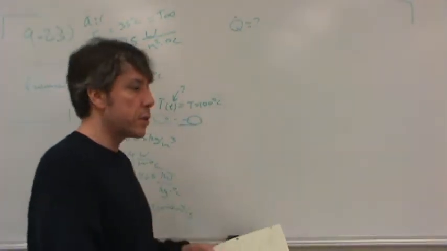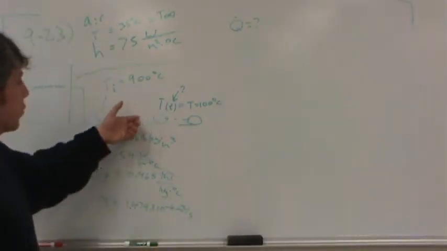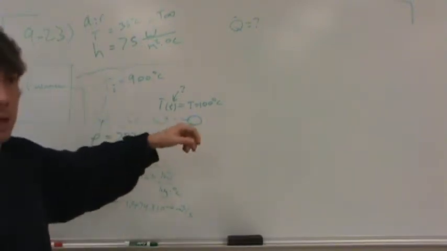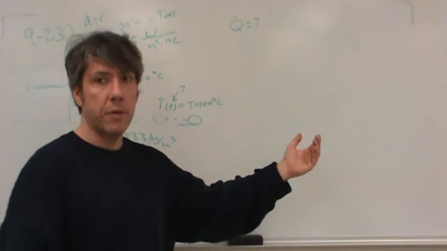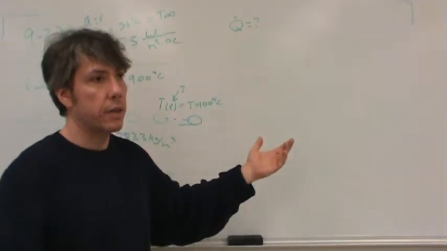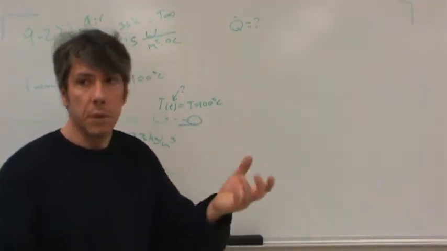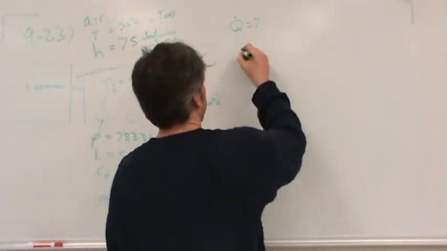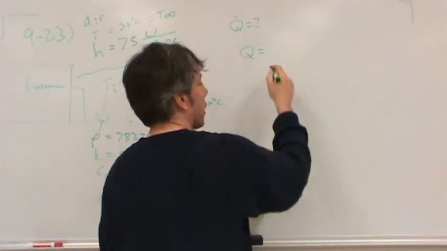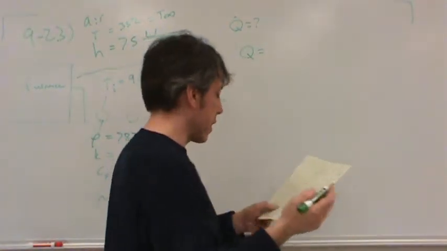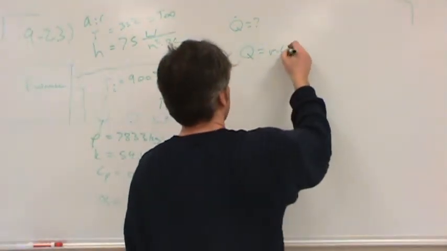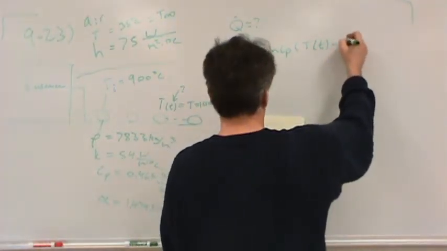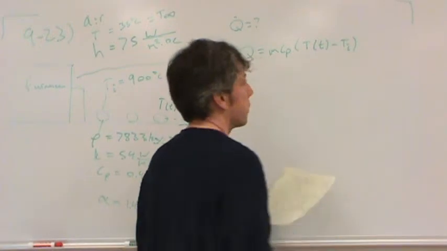Think of these as buckets of water. If I know how much volume of water each of the buckets contributes, and I know how many buckets are flowing through per hour, I can tell you the flow rate of the water. It's just the volume multiplied by the flow rate. So the amount of heat, notice I'm not writing Q dot, I'm talking about just the amount of energy one ball gives off. It's mCp delta T, the temperature less the initial temperature.